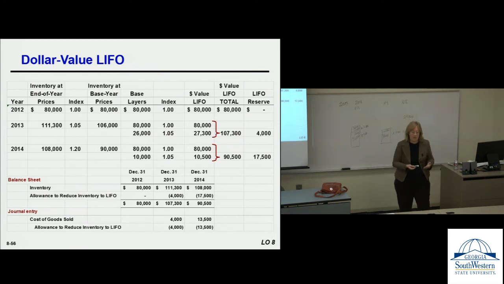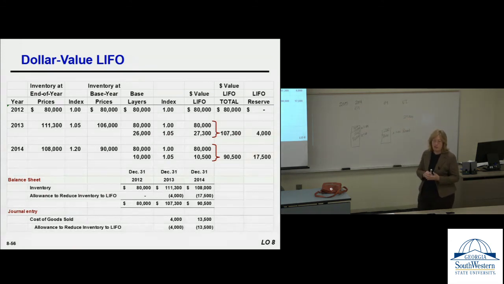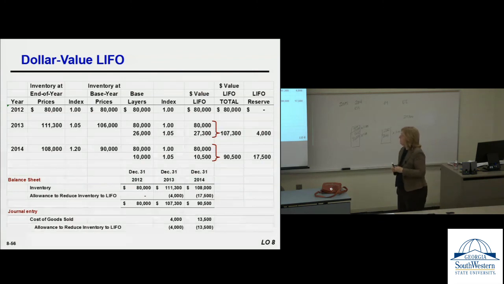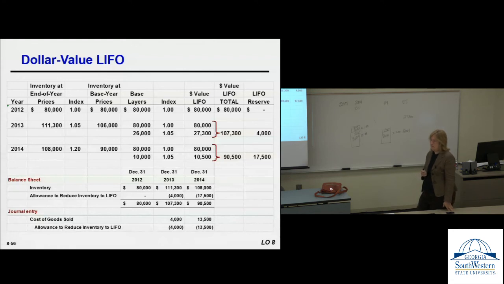So what we're doing is matching our cost of goods sold with current, higher prices, rather than old prices. LIFO, last in, first out. The last cost in goes to cost of goods sold rather than going to inventory like it would in FIFO.